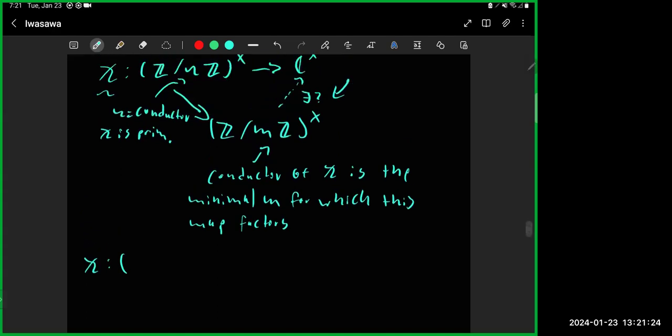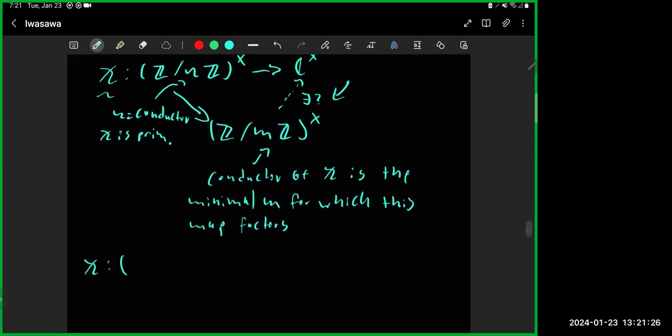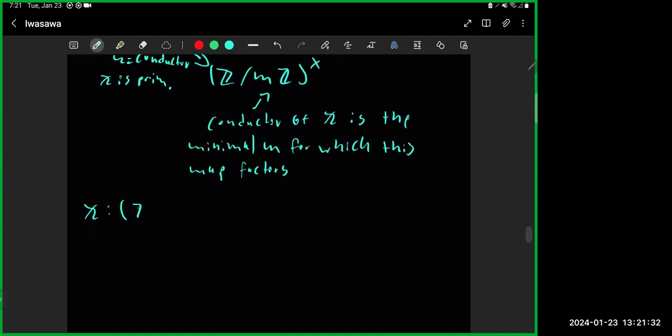Okay, so a quick example is, let's consider a chi. I'm going a bit fast just because there's a lot to cover, but I'll give an example and it'll be a lot clearer. So consider a map chi from the units of the integers modulo 8 into the multiplicative complex numbers, defined as follows.